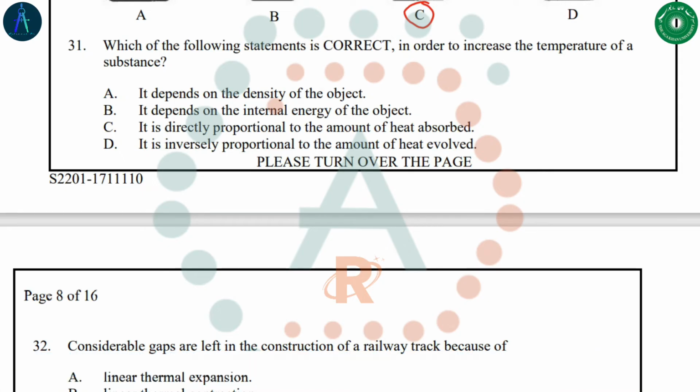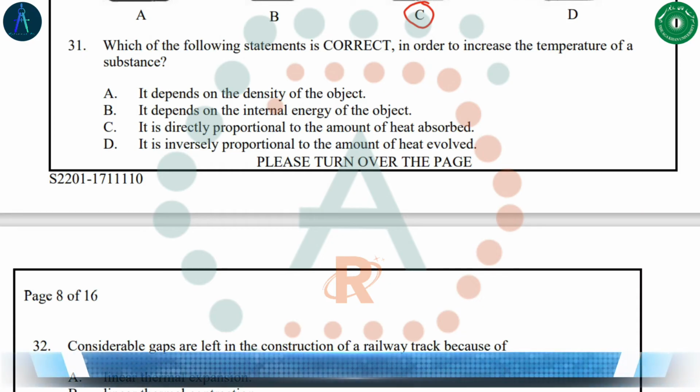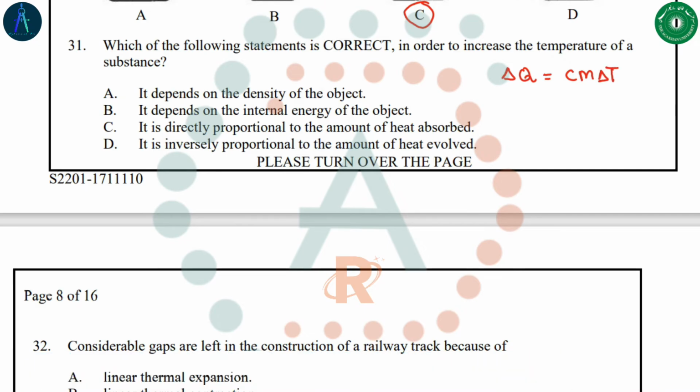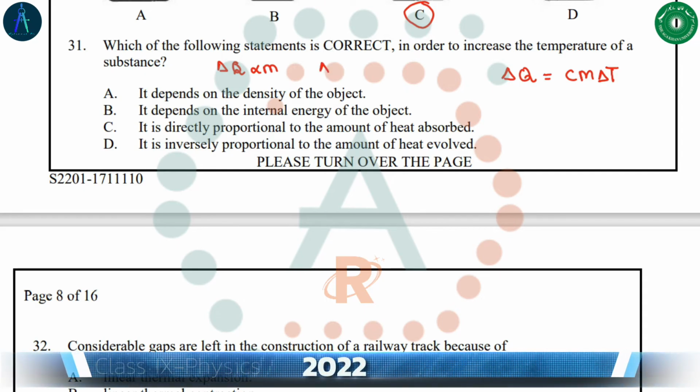Then we have question 31. Which of the following statements is correct in order to increase the temperature of the substance? We have studied the formula of heat, that the change in heat is equal to C m delta T. This equation comes from two proportionalities: the amount of heat absorbed by the substance is directly proportional to the mass present in that body, and the amount of heat absorbed is directly proportional to the change in temperature.